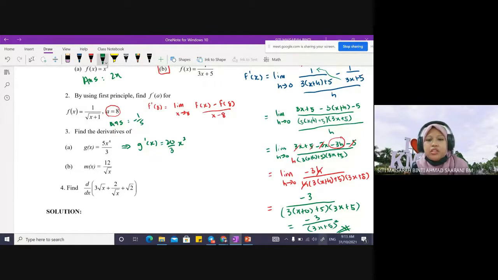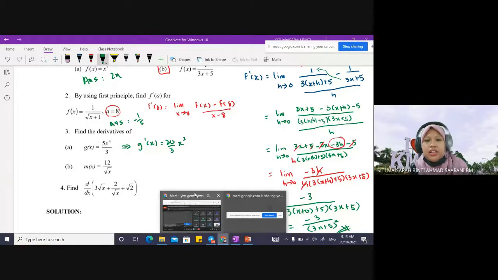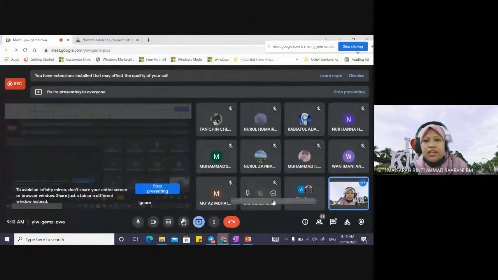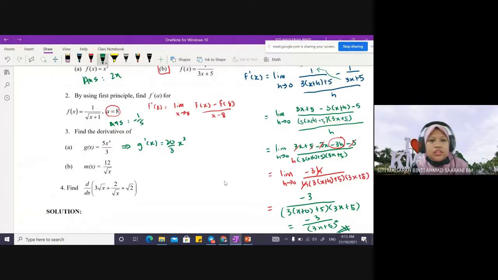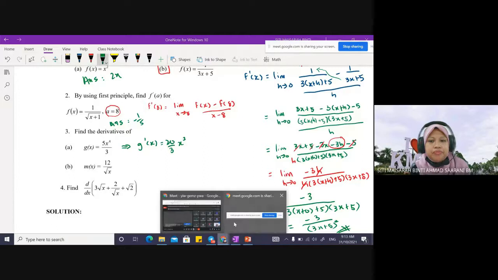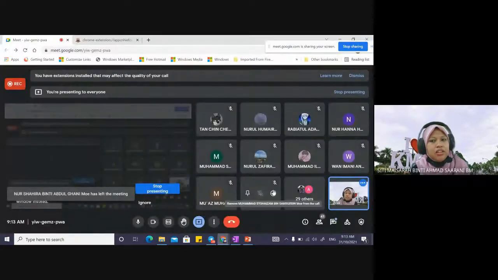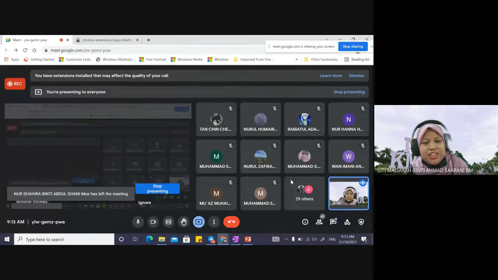Bila nak pick siapa? Zafira. Ada Zafira? Ada dalam Jimmy. Mengaku tak mengaku ni. Zafira? Oh, Zafira. Tak ada.